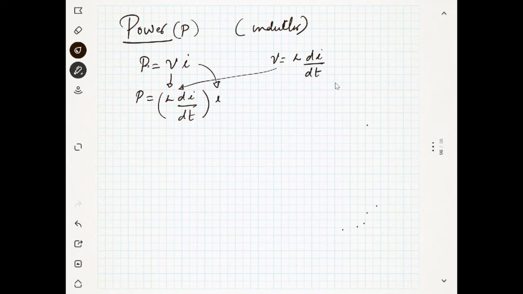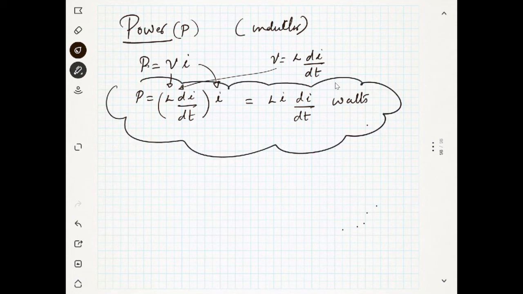So I can say that it is nothing but L i into di over dt. Is it clear? So the power is equal to L into I into di over dt.